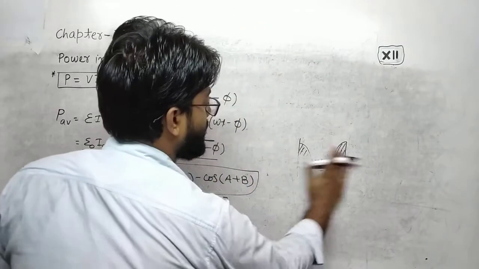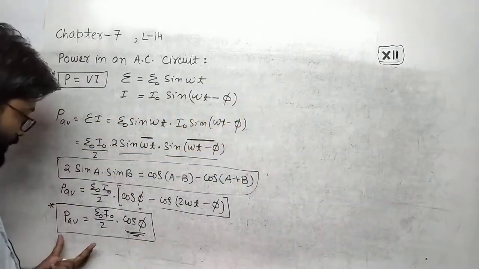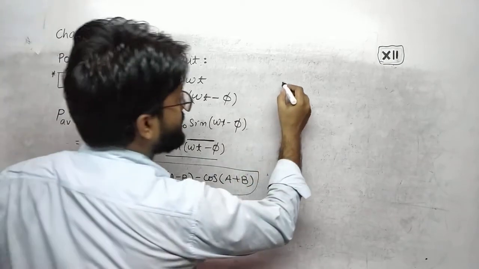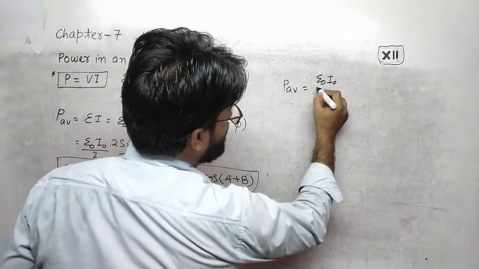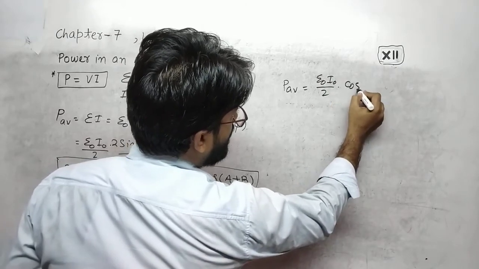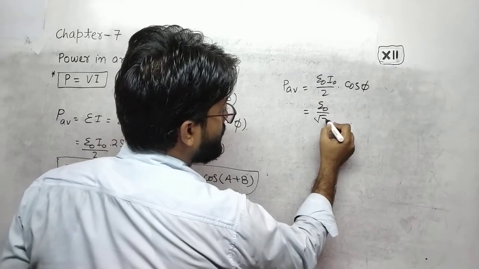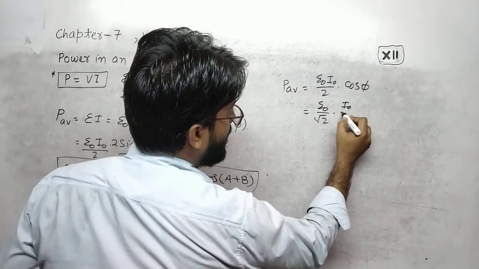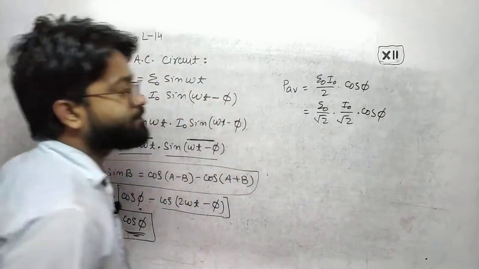Now this formula can be changed into another form. We know that P average is equal to E naught I naught upon 2 cos phi, which is E naught upon root 2 into I naught upon root 2 cos phi.